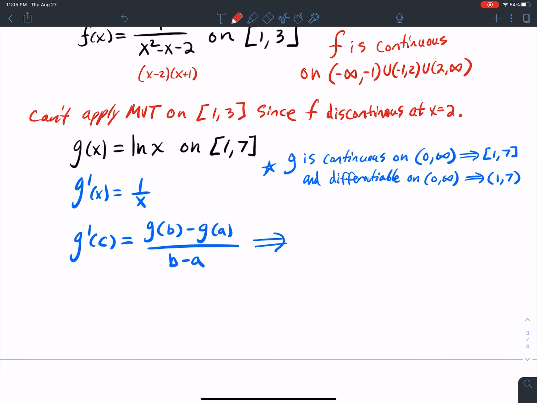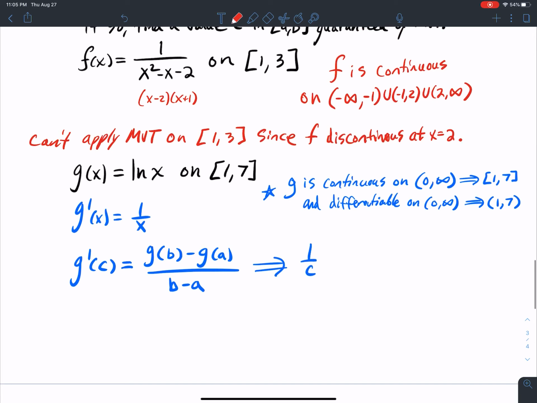Now I'm going to apply this in here, and so what is that? The derivative evaluated at x is 1 over x. So the derivative evaluated at c is 1 over c. Okay, you see the analogy there? And then this is equal to, what is g of b? Well, the function g is ln x, right? So g of b would be ln b, which is ln 7.